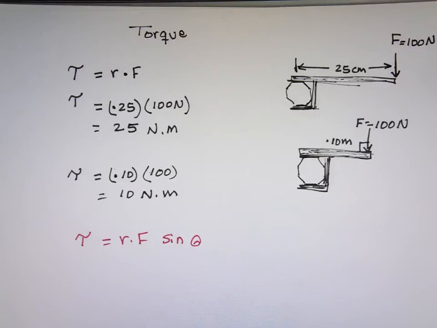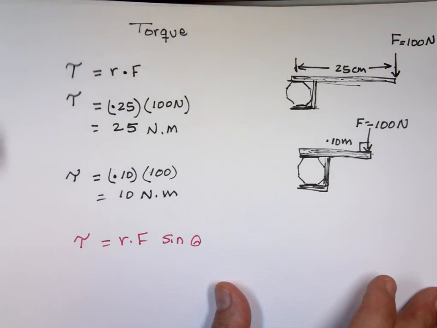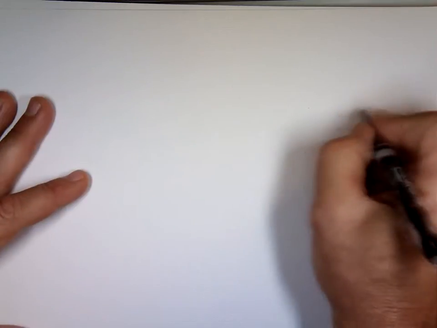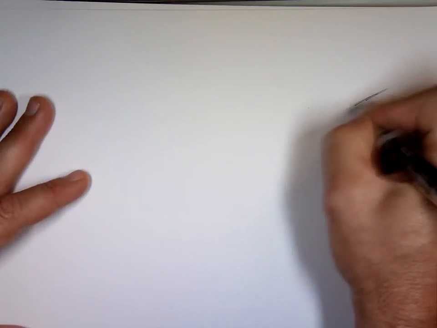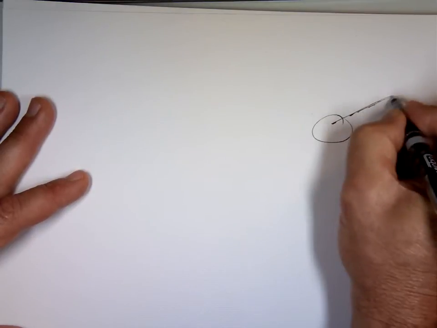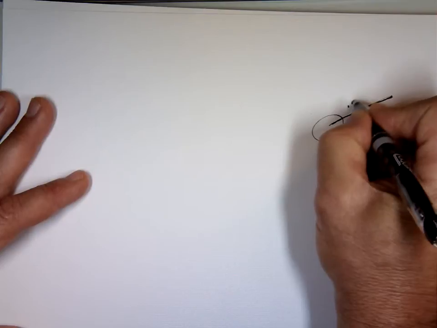So what about if you're riding your bike now? Just look at this. And you're pedaling. Here's your bike. And the pedal is like this. And let's say that distance from here to there is 0.2 meters.